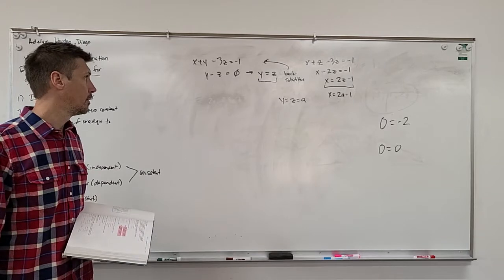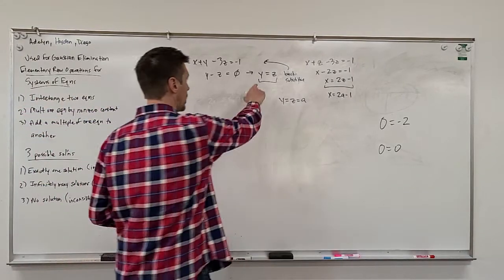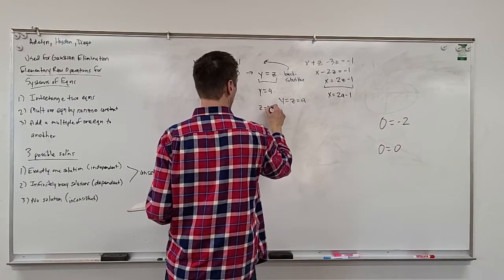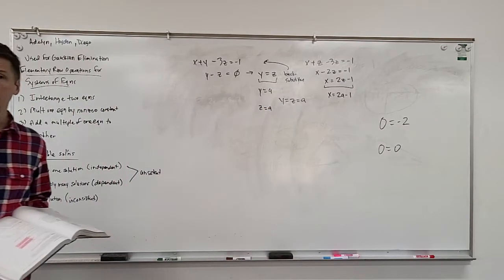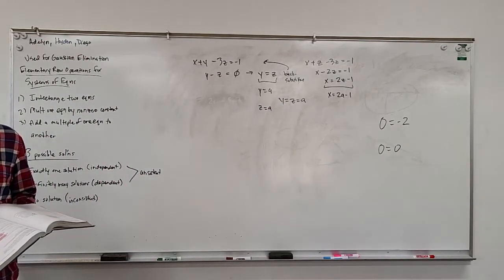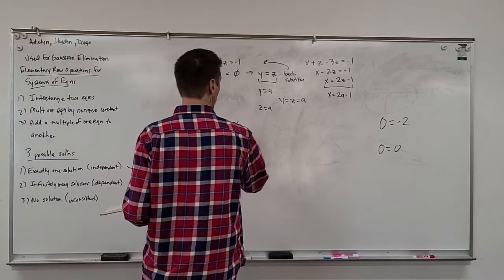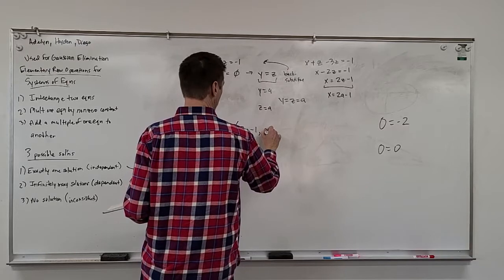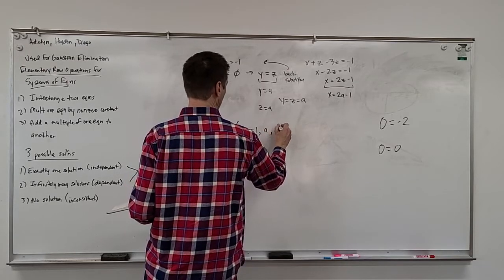All right? And this becomes y equals a, and I could also say z equals a, right? So now we've got all of our x, y, z values. Our ordered triple would be 2a minus 1 for x, a for y, and a for z.